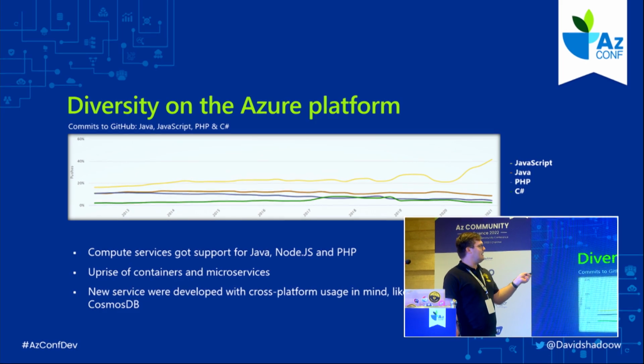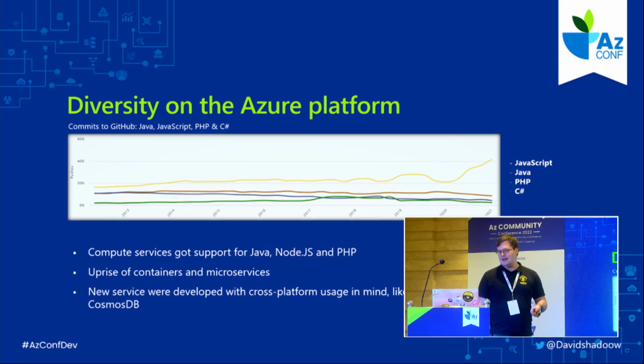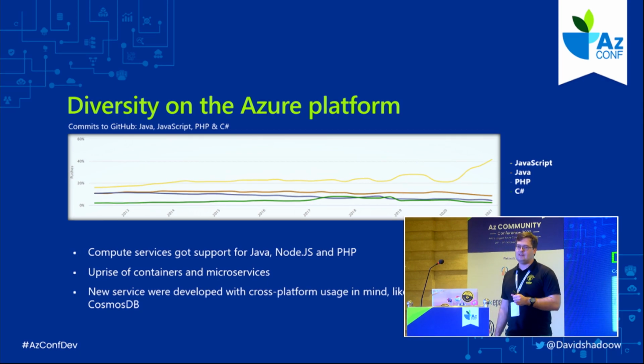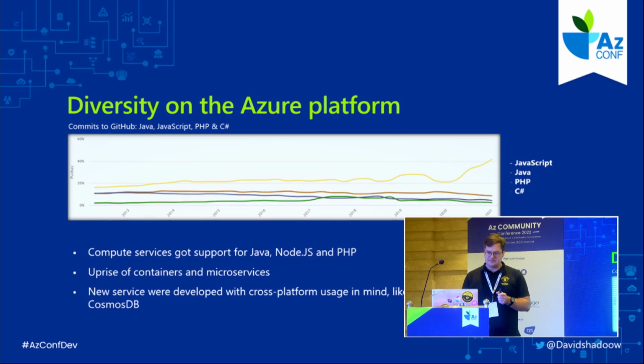The yellow line at the top is JavaScript, then the brown line is Java, then you have PHP and C#. As you can see, Java has been steadily around 10% of the whole GitHub ecosystem. So it was too big for Microsoft to ignore, and JavaScript was even bigger, so they couldn't ignore Node.js as well.